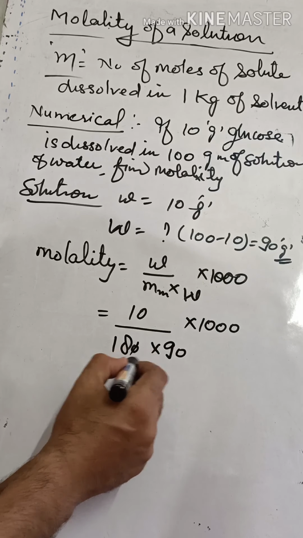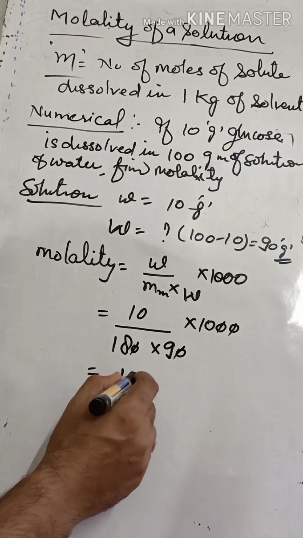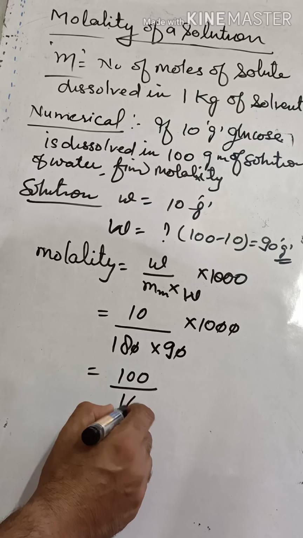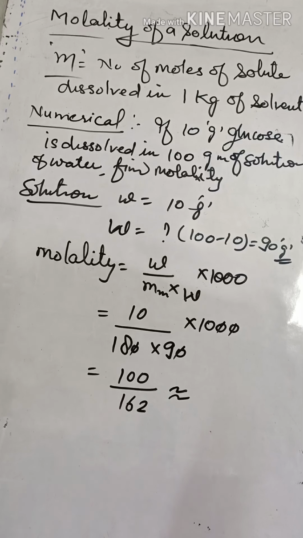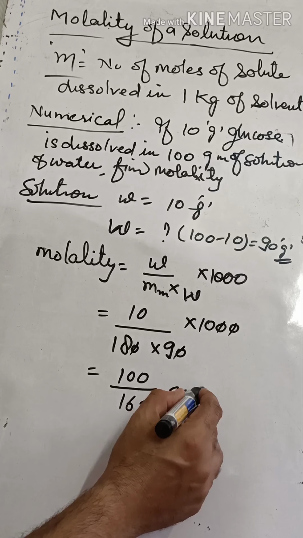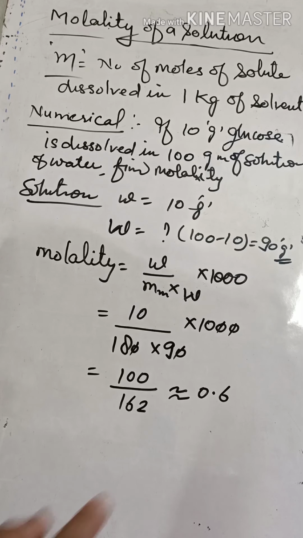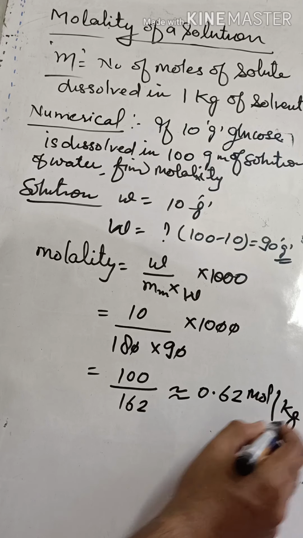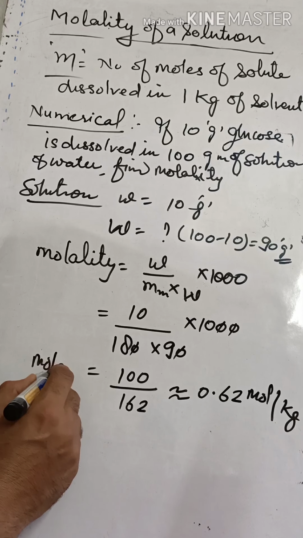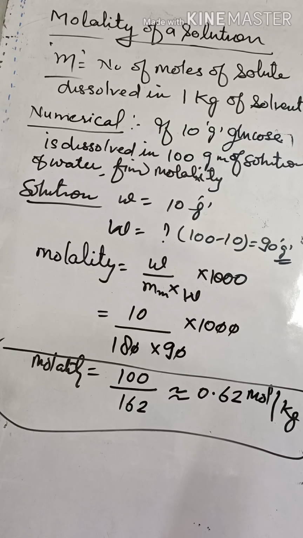So you can simplify this value from here. It is 100 divided by 162. That means it is approximately 0.62 mole per kg. So molality of this solution we can find out.